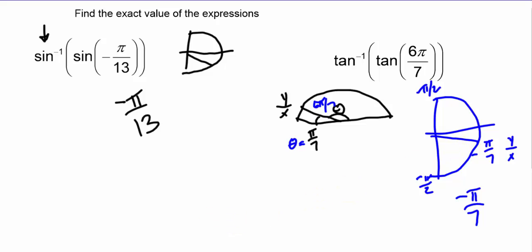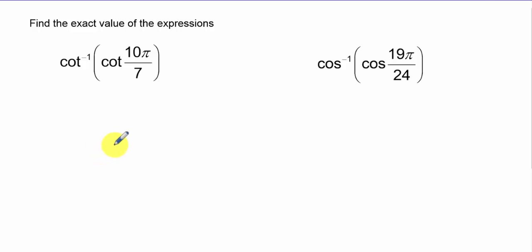Do a couple more. Very similar problem. I will want to find the inverse cotangent of the cotangent, sorry, of 10 pi over 7, which I can't. I don't know where that x over y specifically is, but I know 10 pi over 7 would be somewhere over here in the third quadrant.